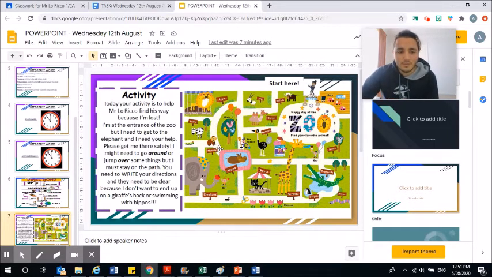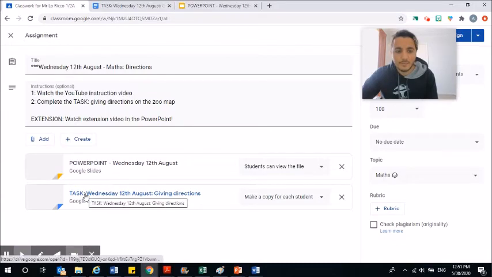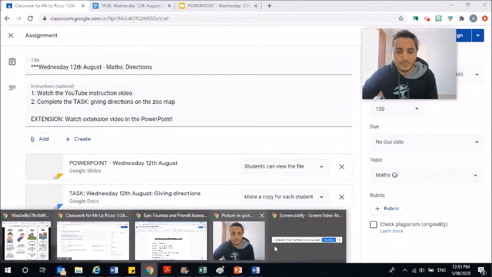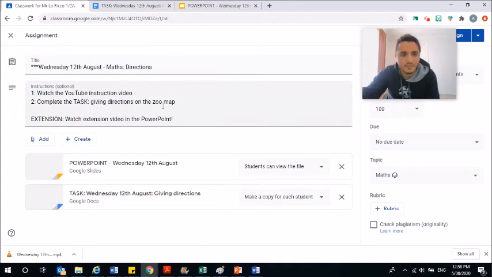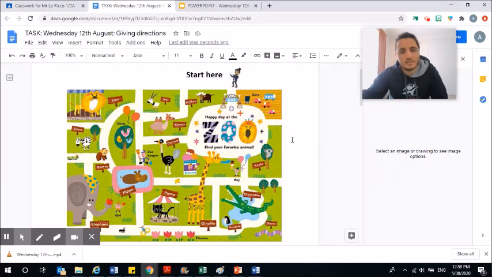You'll find access to your task where it says task on the classwork page, just over here. If you click on task, Wednesday the 12th of August, that's what this says to do: complete the task, giving directions on the zoo map. It will bring you to the task page.